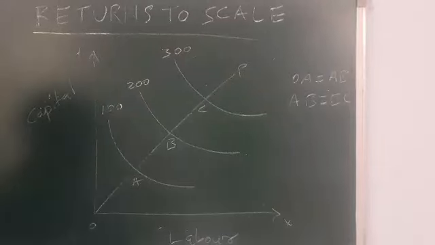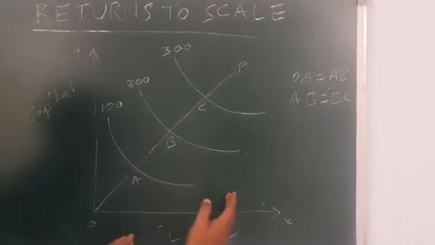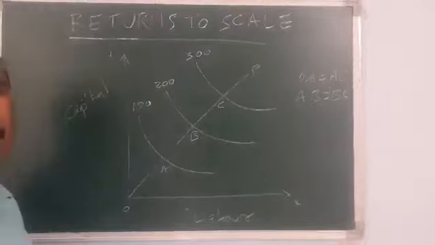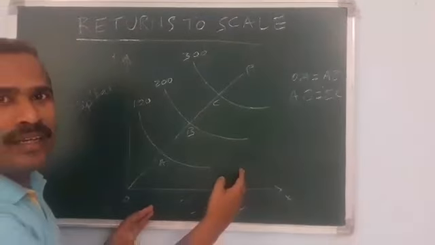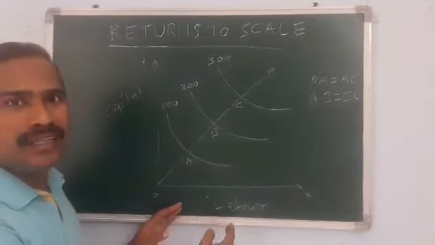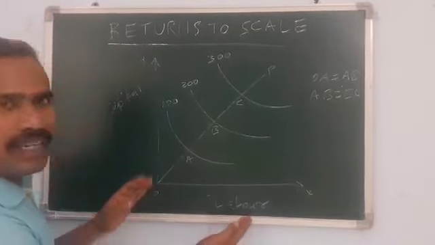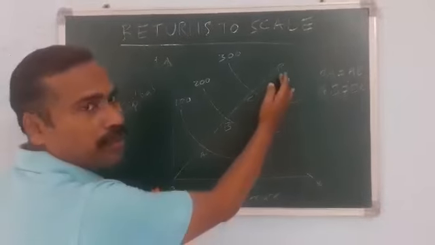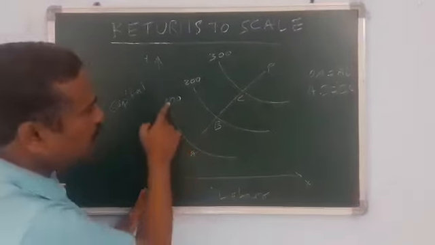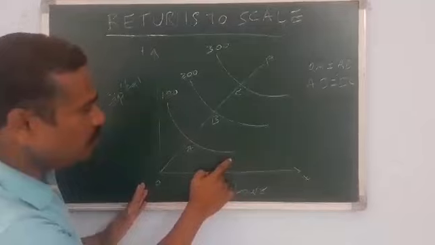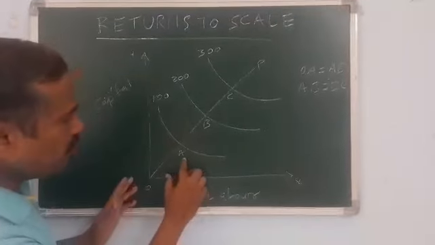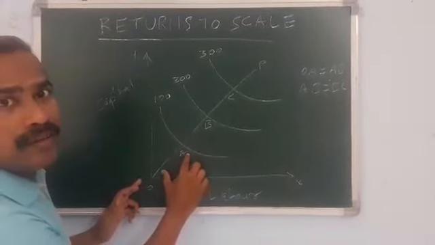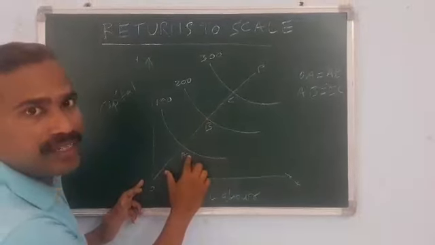Okay, this diagram is showing the constant returns to scale. If we are increasing labor and capital and we are moving on the OP path, we are getting 100 units of the production with OA level of production factors.